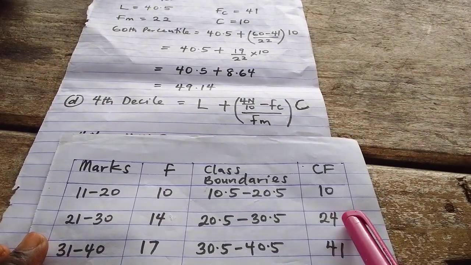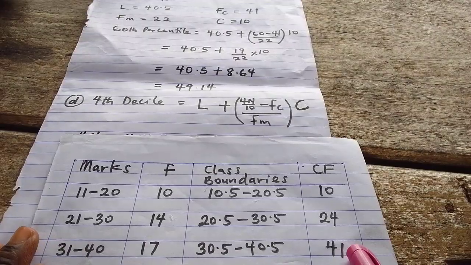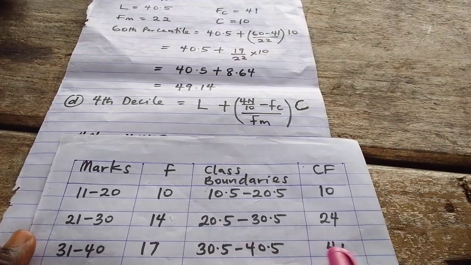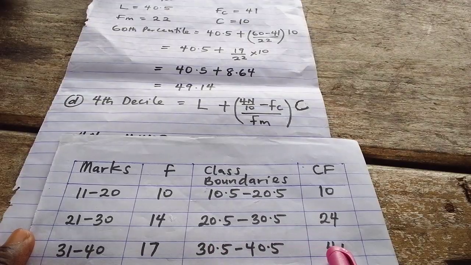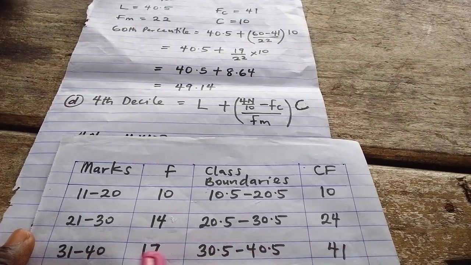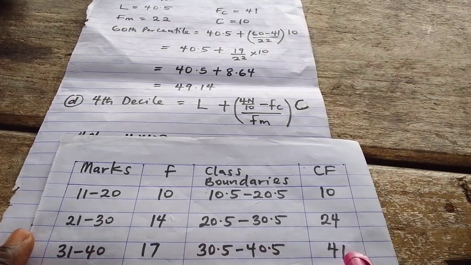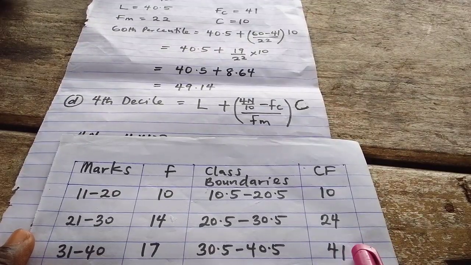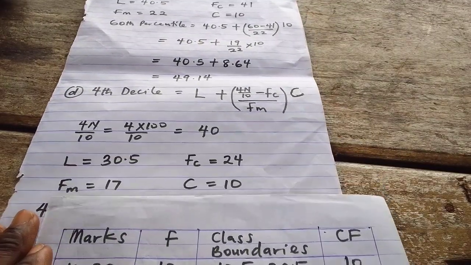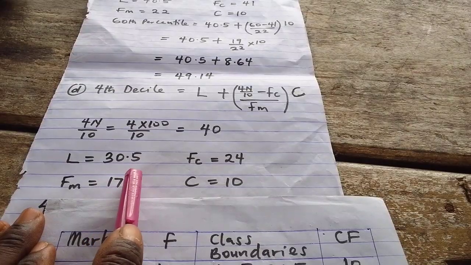Sorry, it's not up to 40. So that means you are going to pick this. So 40 should be in here. So this is the class range for the fourth decile. So now you are going to look for the lower class boundary, which is 30.5.